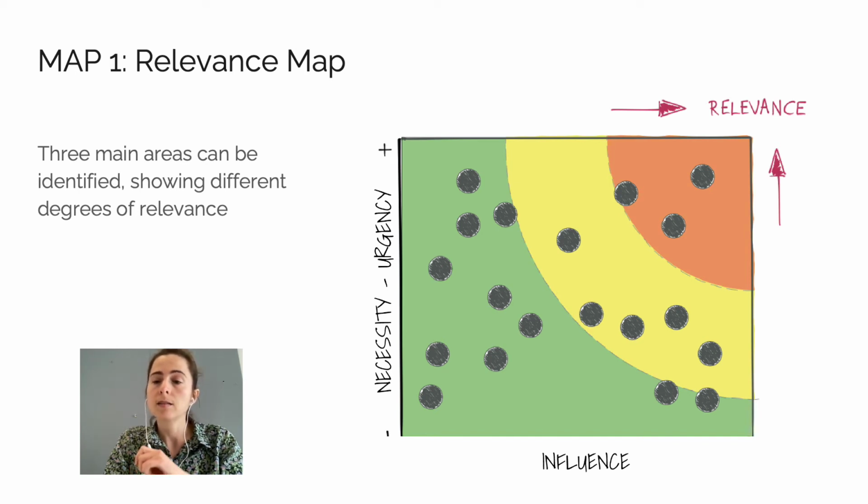Stakeholders in the middle, in the yellow area, should be taken into consideration and enrich the list of stakeholders to be included in more in-depth analysis. But those stakeholders which are now plotted on the green area, it doesn't mean you should automatically not include them in further analysis or in your process, but rather you can put them lower down on your priority list.